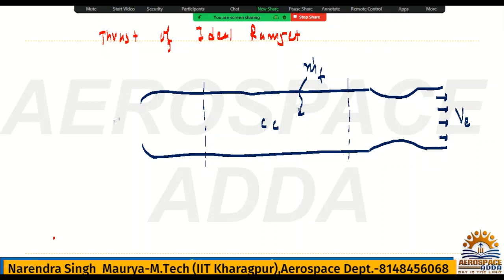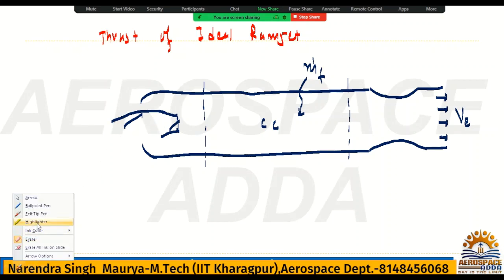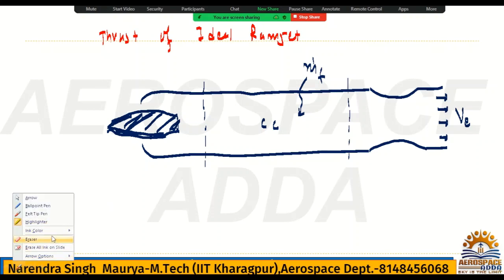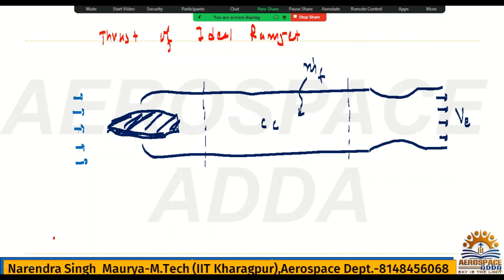This is the spike, and this is the air inlet, m dot a, and the inlet velocity is nothing but V infinity.